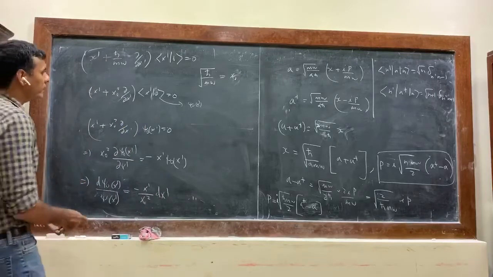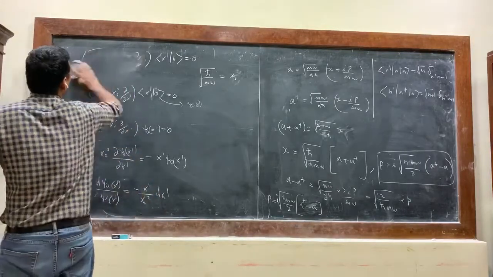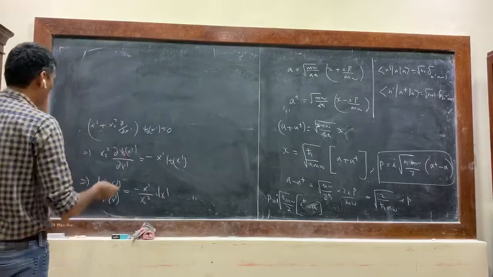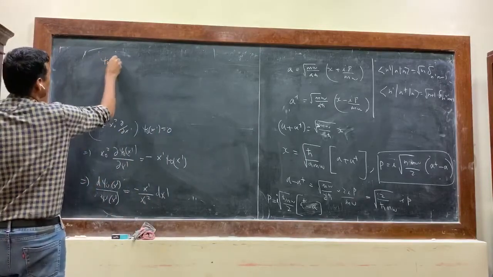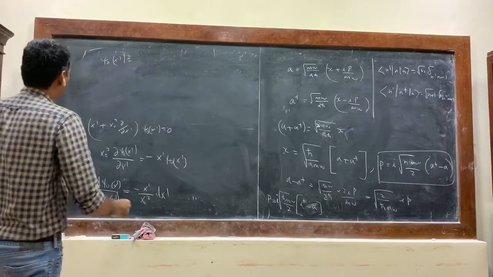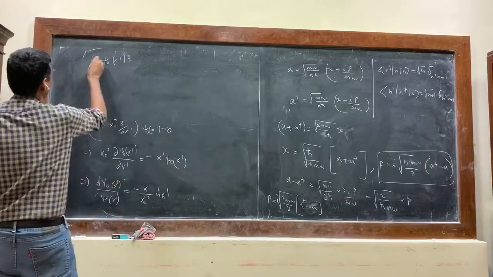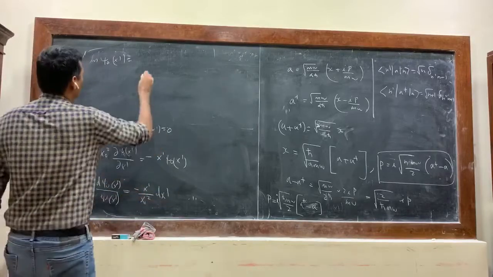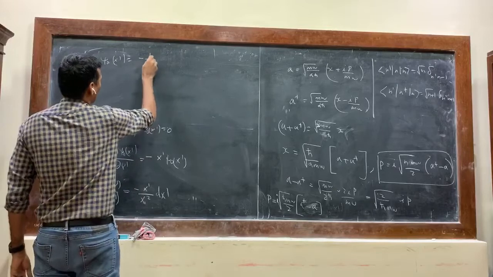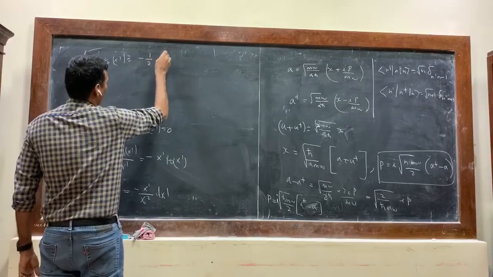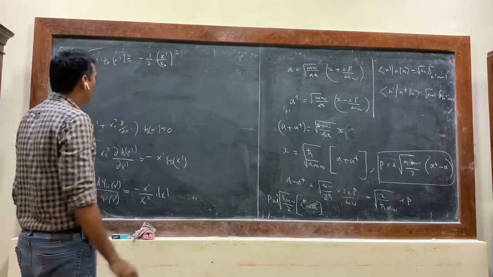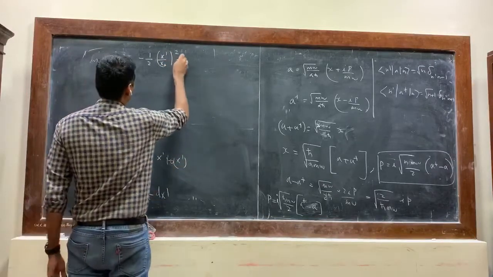If you integrate both sides, you will get ln psi 0 of x prime equal to minus 1 by 2 times x prime divided by x0, whole square, plus a constant.